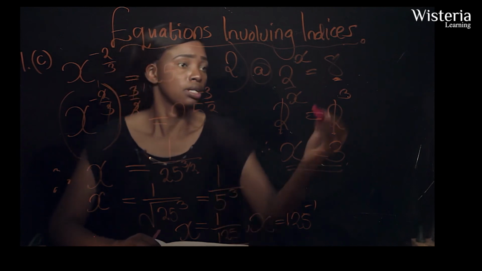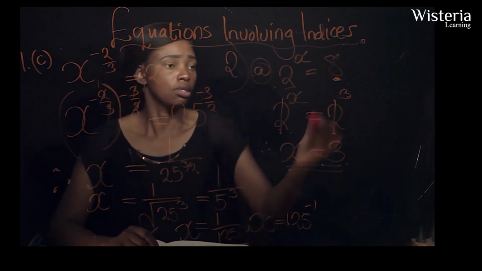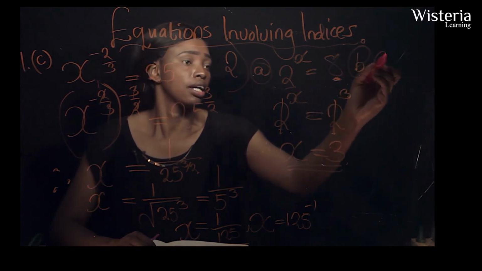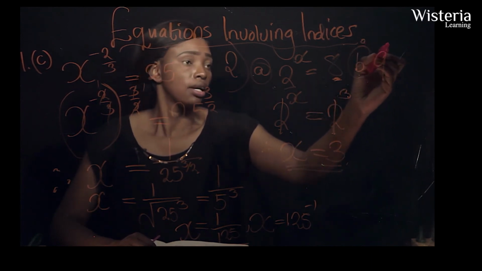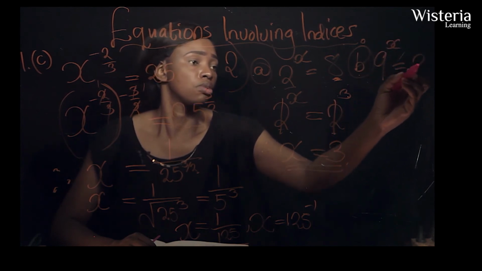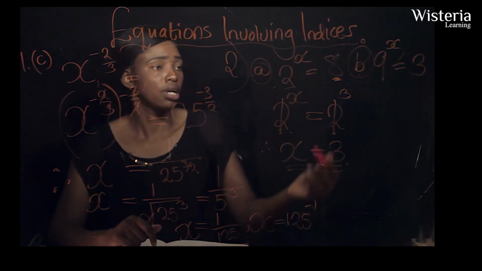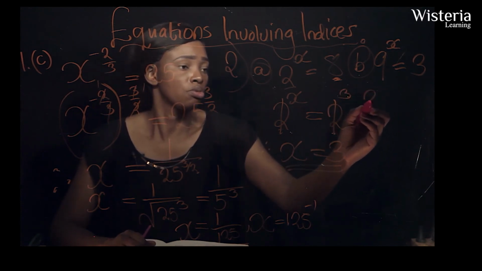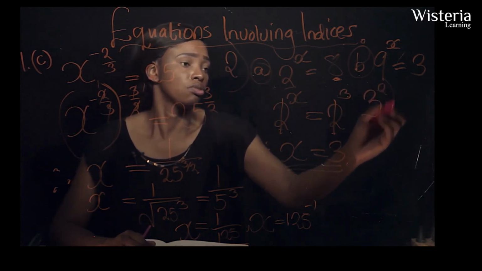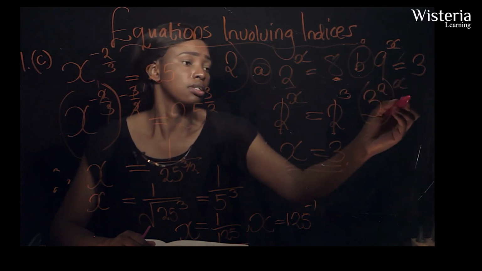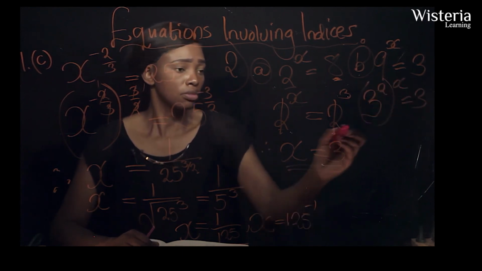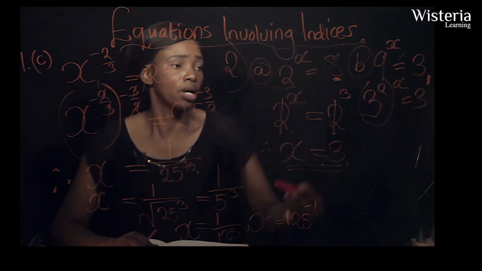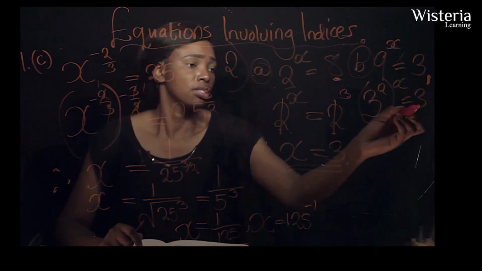We can also look at something of this kind. 9 to the power x is equal to 3. Again, we're going to write 9 in index form, which will be 3 to the power 2x is equal to 3, which is 3 to the power 1. Okay, so we have the same bases.